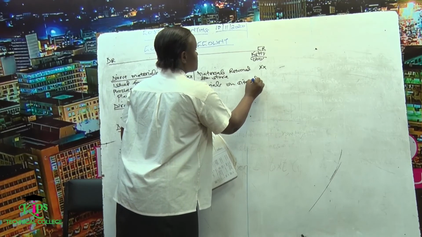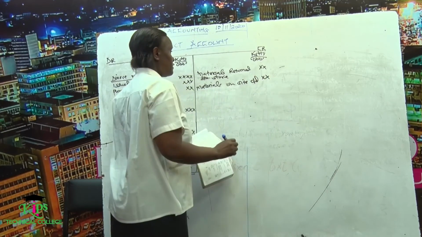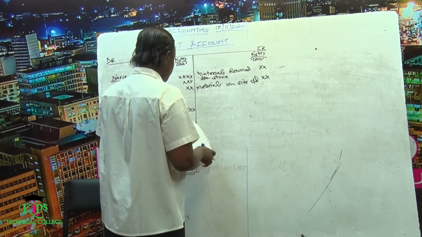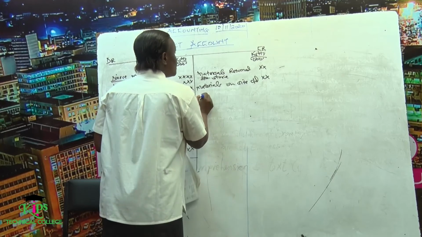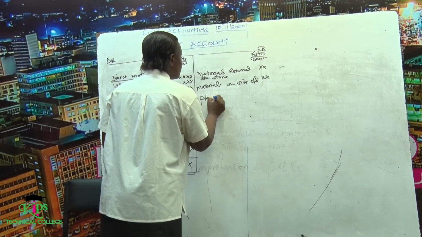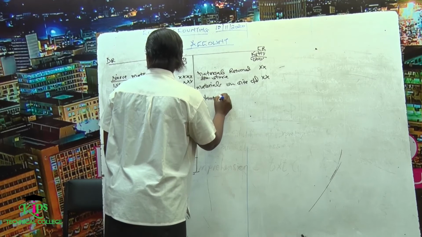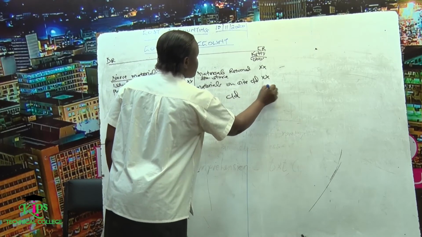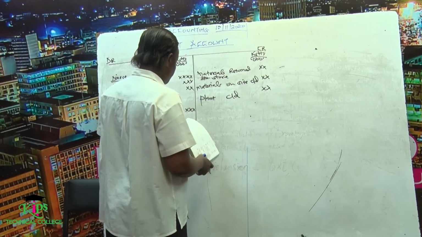And the materials which are on site at the close of the period, you write on the credit side. Also the plant value at the end of the period, you write on the credit side.